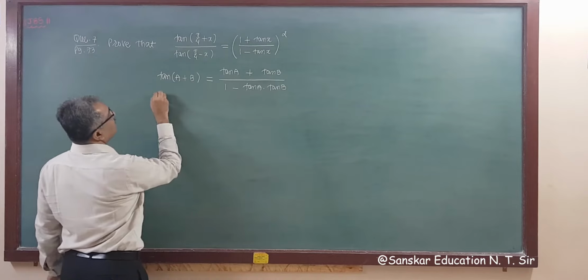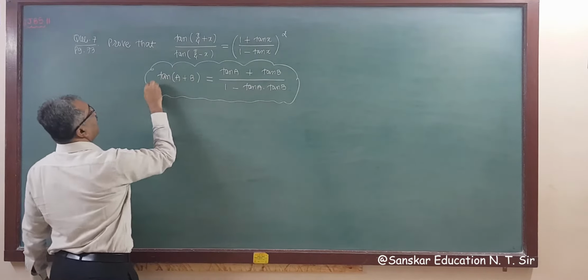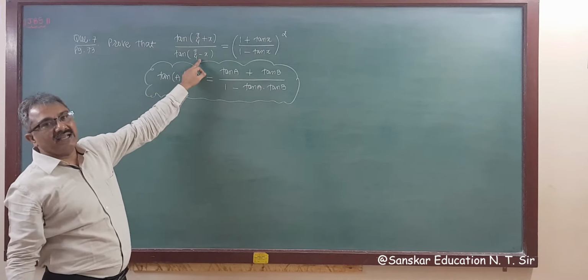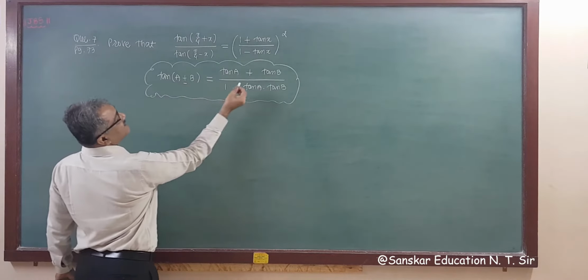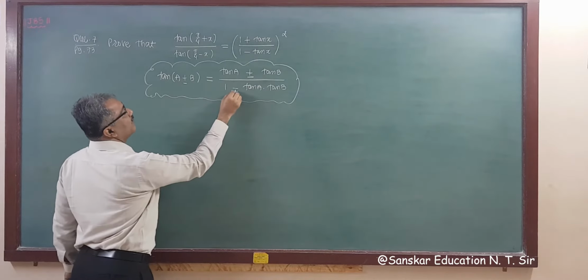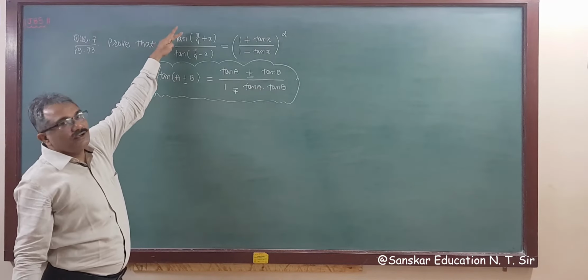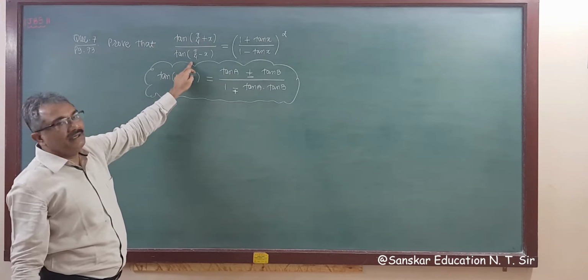This is the formula for tan(a + b). And if it's a minus, then this is minus, and this is plus, that you know. So, we have to apply the first formula in the numerator and the second formula in the denominator.